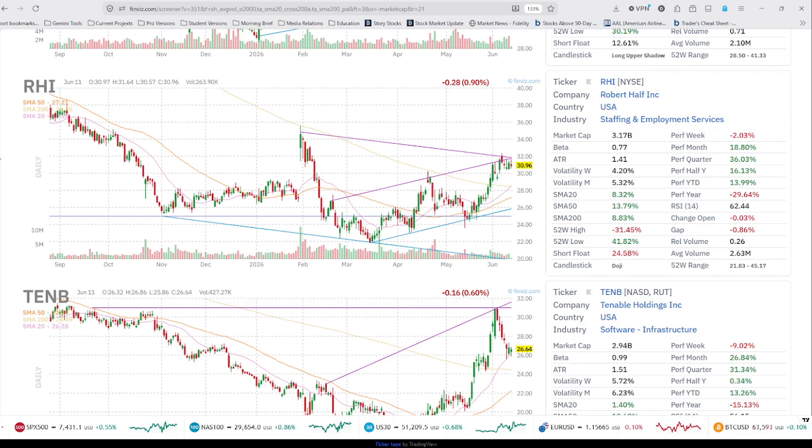Step one, we're going to utilize a screener and a set valuation strategy to determine what basket of stocks we want to look at.